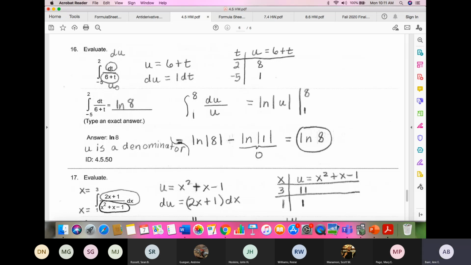So we're going to take out the 6 plus t and replace it by u. So we have everything we need to do this problem. So our new integral, we're integrating from 1 to 8. Our entire numerator is just du. Our entire denominator is just u.